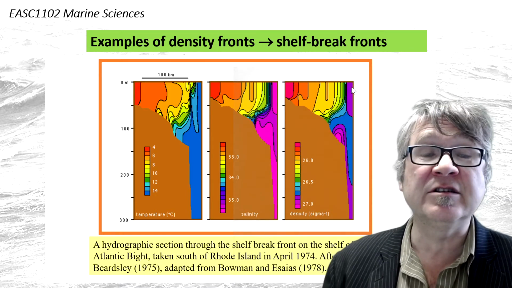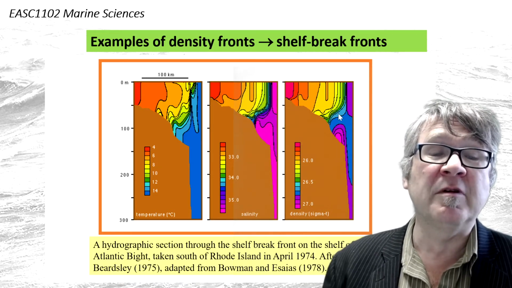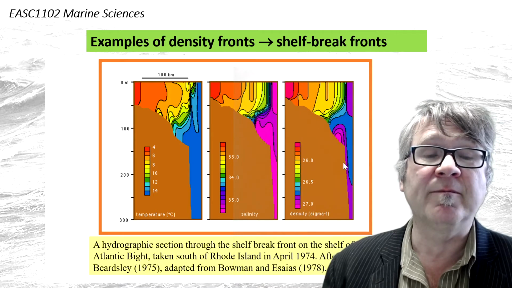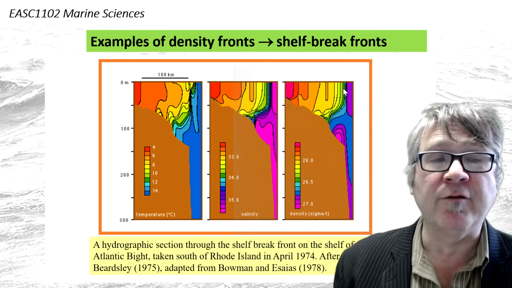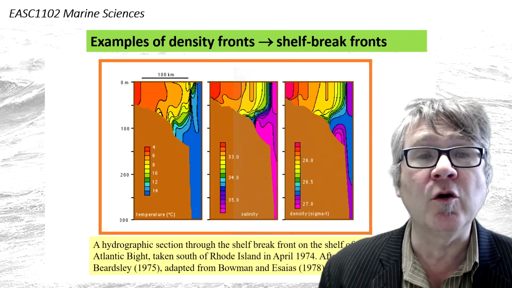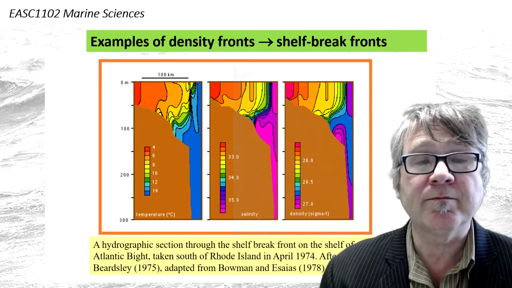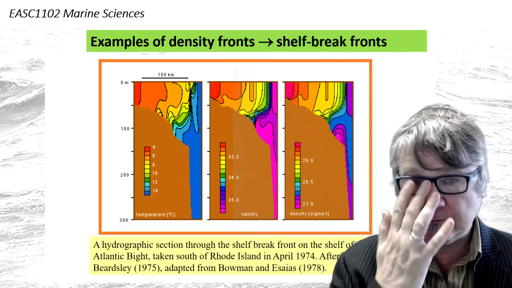Then there's a transition zone, and this transition zone is approximately over the shelf break. This is what we call a shelf break front, and the current, the frontal flow, the geostrophic flow, runs along the shelf break. Very well-known feature.